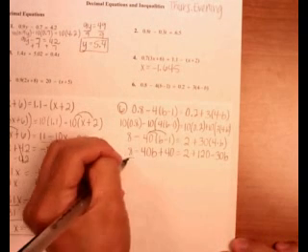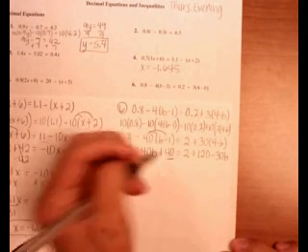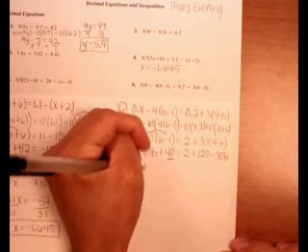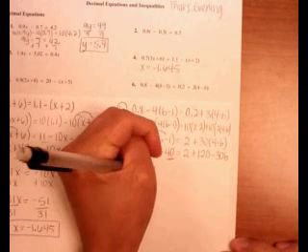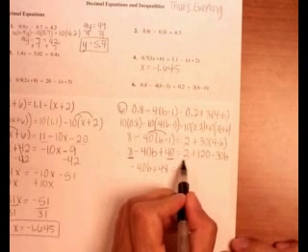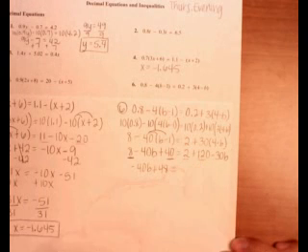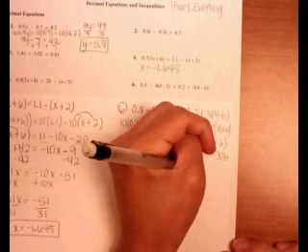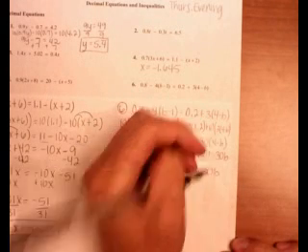Combine like terms on the left. We have 8 and 40, so we have negative 40b plus 48. And on the right we have a 2 and a 120, so 122 minus 30b.